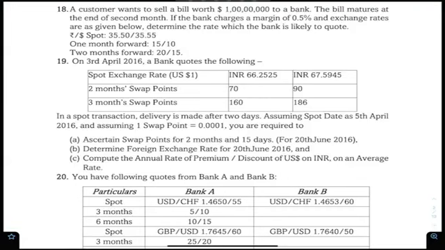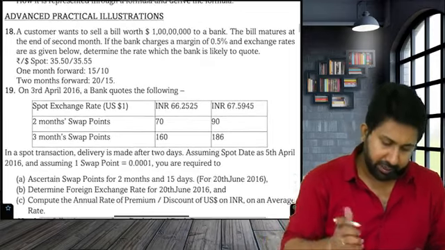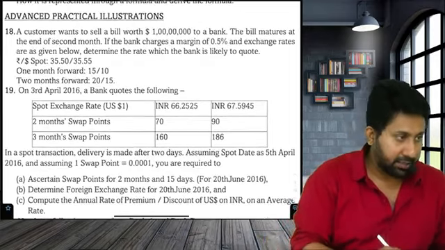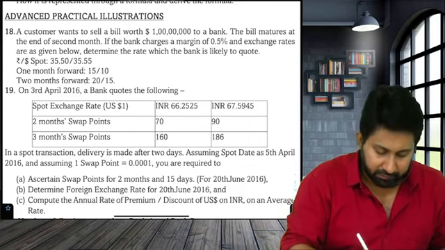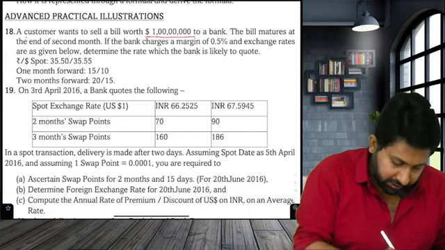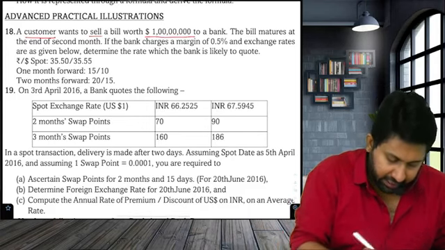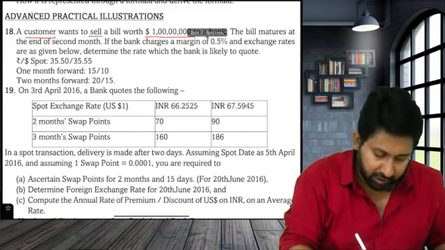So let us go to the next question. See here, question number 18. A customer wants to sell a bill worth $1 crore. Customer wants to sell means the bank has to buy a bill worth $1 crore.